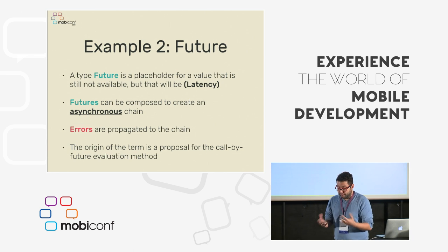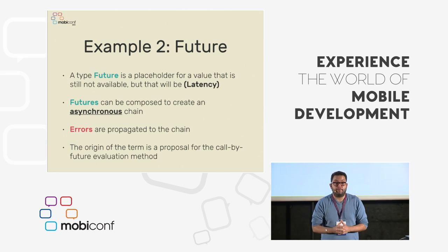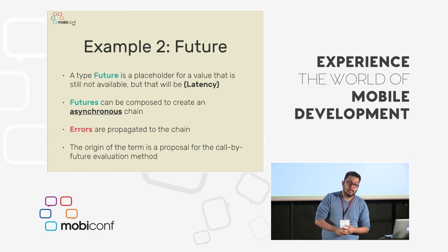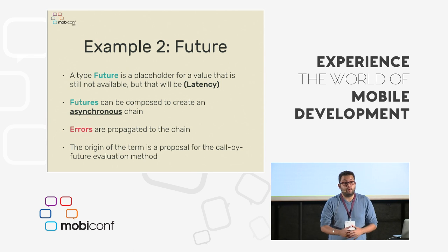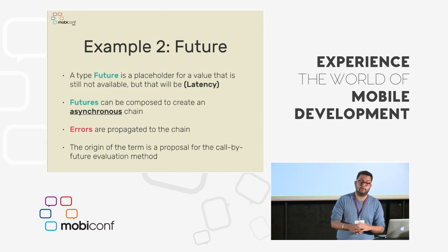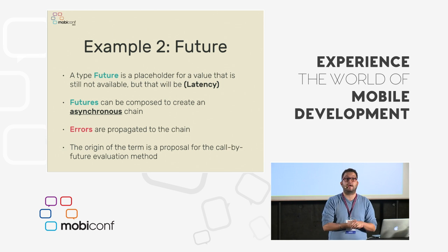The second example is a future. A future is also a type and introduces latency. It works very similarly to a result. Actually, in the implementation in Swift, it uses a result to handle the callbacks.